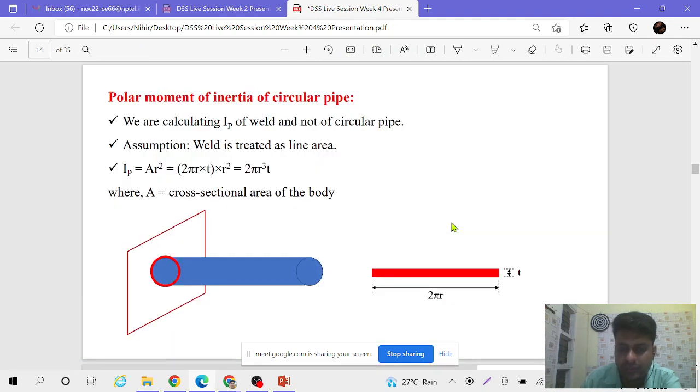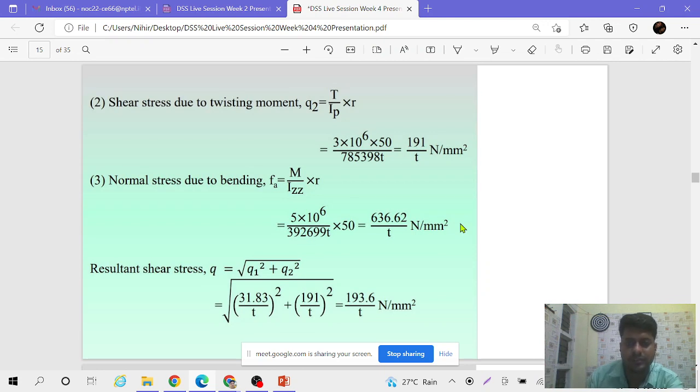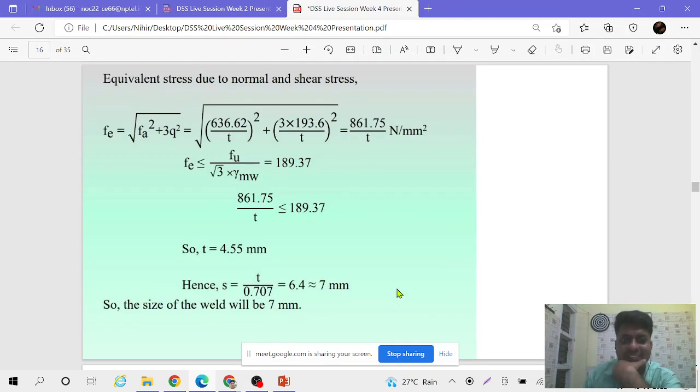Sir, here as well, next slide, sir. Here 3 into 193.6 is there. 3 has also been taken inside the square. It is wrong, sir. Okay.